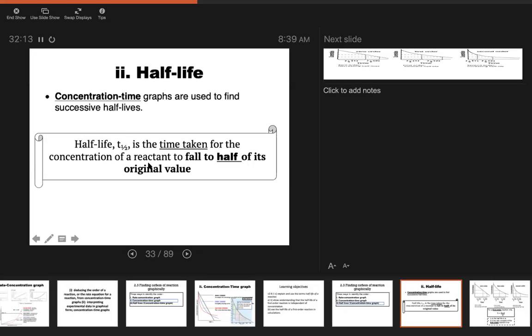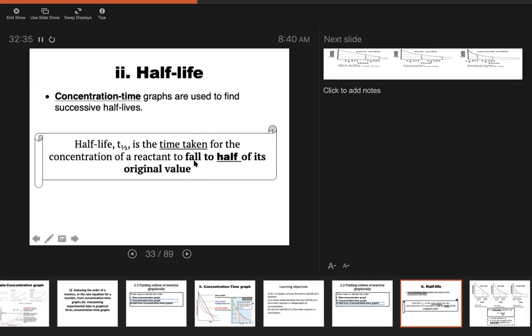That's what half-life is. Is that the same definition, Fatin? Yes. Okay, right. So remember, half-life is talking about the time, not the concentration. The concentration is just decreasing by half. But what we want to know is the time taken for the concentration to go down by half.